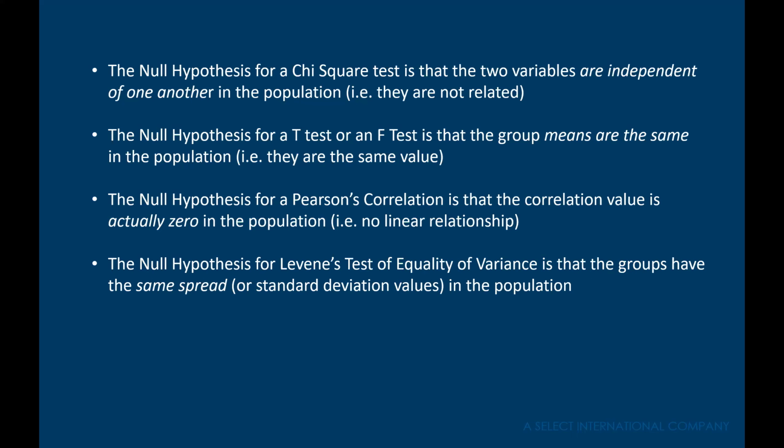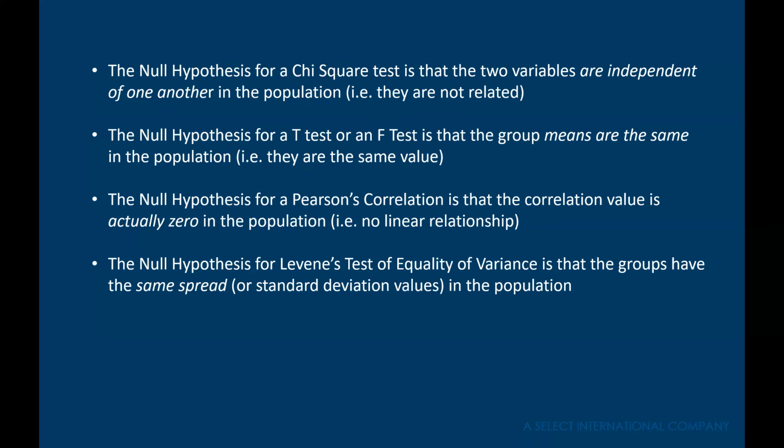There are significance tests out there that actually test whether or not groups have equal spread, equal variance, and they're sometimes called tests of tests. So when you do a t-test in SPSS, it'll give you a Levene's test of equality of variance, because that's an assumption for a t-test: that the groups should have the same amount of variation in each one.